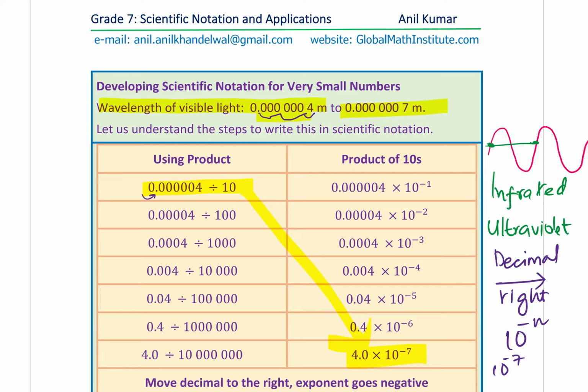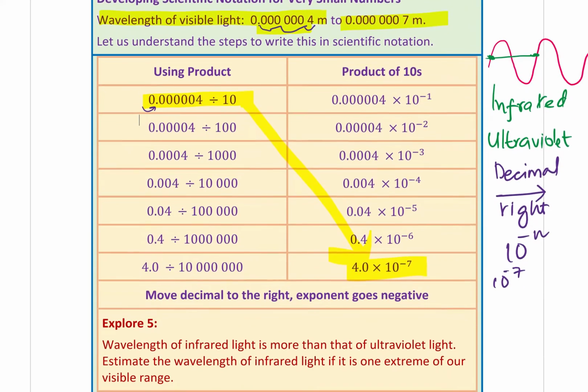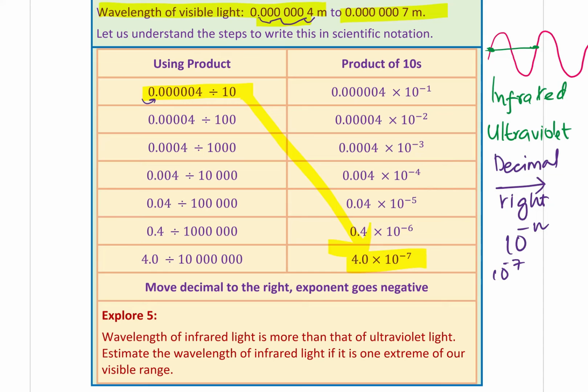Now, the question for you here is explore 5. The wavelength of infrared light is more than the wavelength of ultraviolet light. So infrared is more and ultraviolet is smaller. Now from the given figures, estimate the wavelength of infrared light if it is one extreme of the visible range.